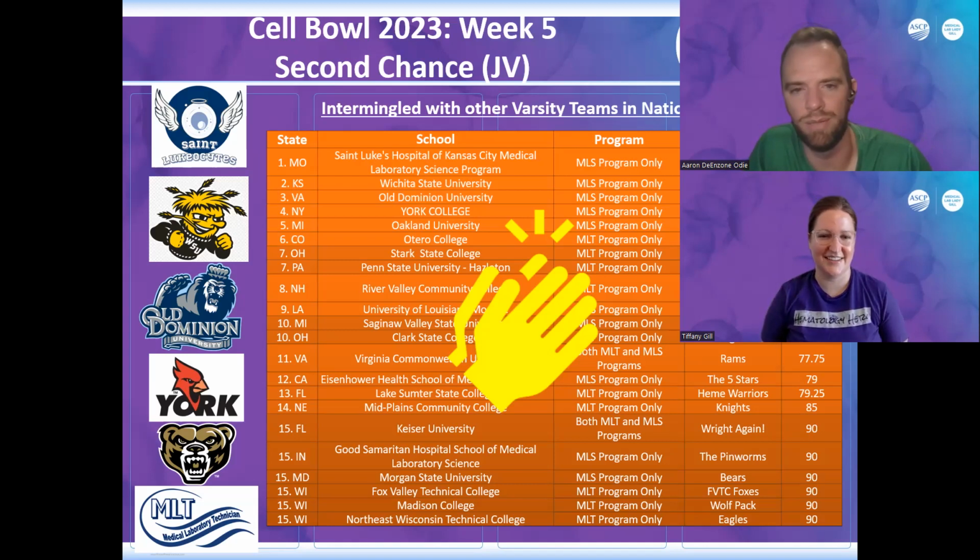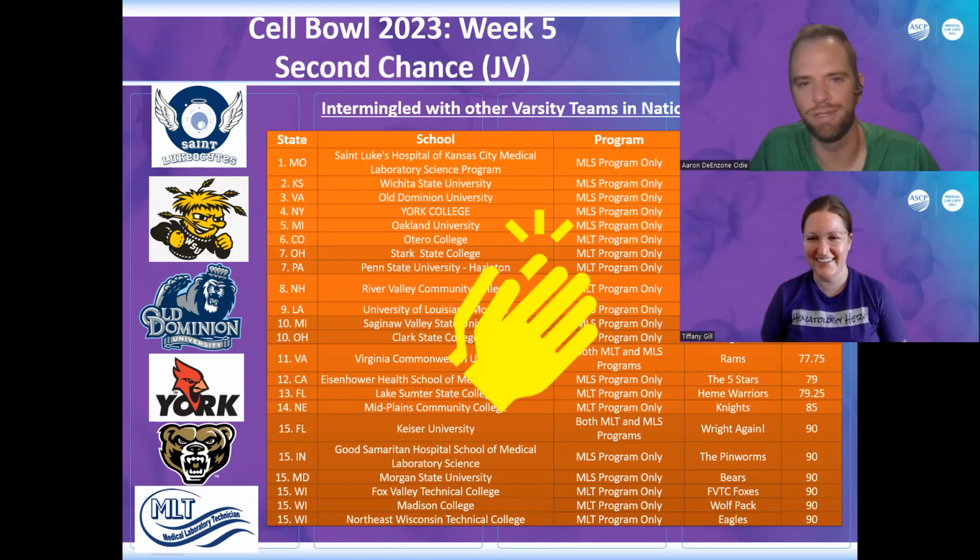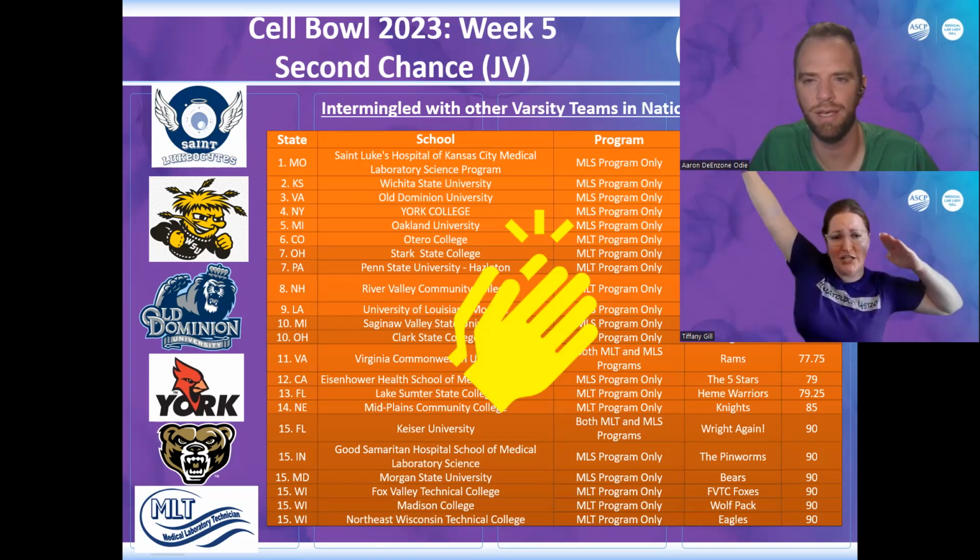Number 13, one of our newer lab science training programs, Lake Sumter College MLT program, the Heme Warriors, engulfing the bad bacterias and stuff, at 79.25. Number 14 in Nebraska is Mid Plains Community College MLT program, the Knights, at 85.